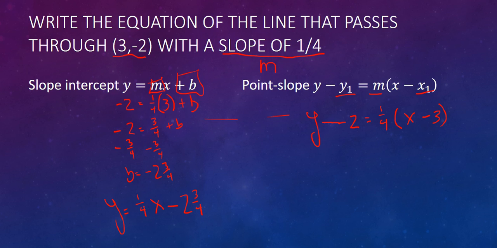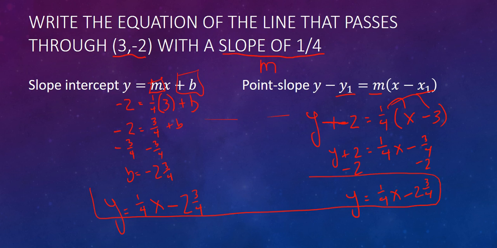So on this left side, 2 negatives make a positive, and on the right I need to distribute the 1/4. 1/4 times 3 is 3/4. Subtract the 2 over, and I get y equals 1/4 x minus 2 3/4. So again, your choice with the method you use. You get the same exact answer.